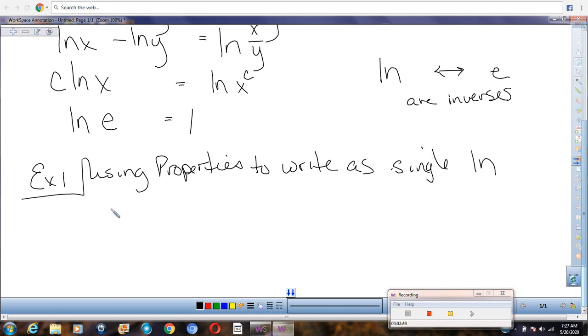So if I have the natural log of 10 minus the natural log of 2, in the log world, when you're subtracting, you're really dividing. So this is the natural log of 10 divided by 2. And if we simplify that, that's the natural log of 5.